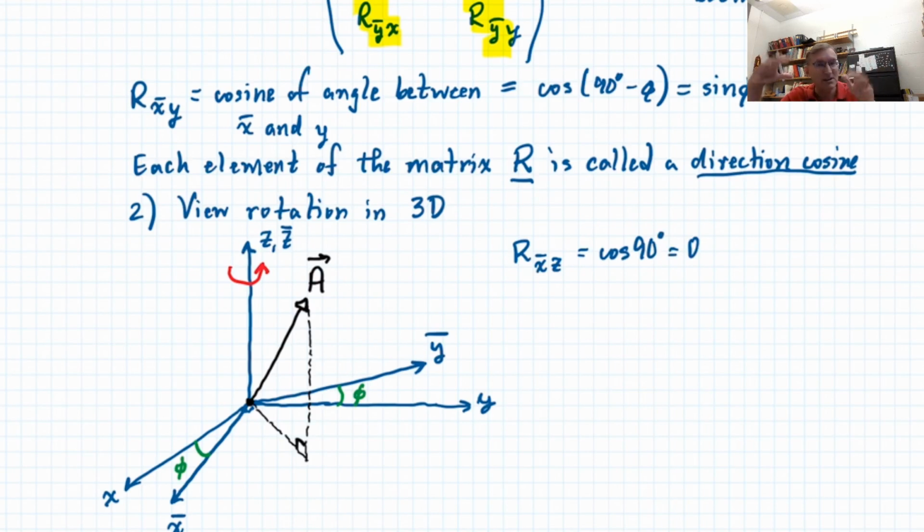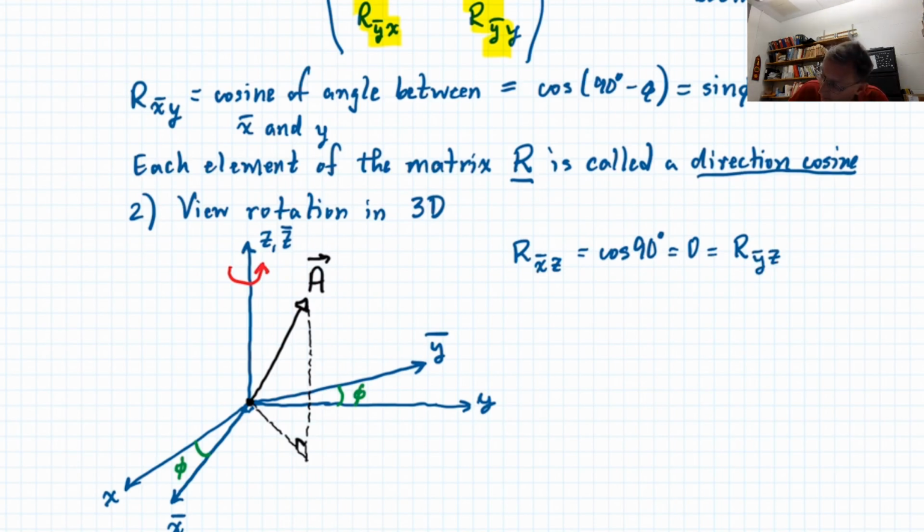When you're working with matrices, and you have elements of the matrix that are 0, that's good. It makes the matrix easier to deal with. Now, there are other new direction cosines to deal with, but I contend that most of them are going to be 0, like r y bar z, the cosine of the angle between y bar and z. It's still going to be 0.